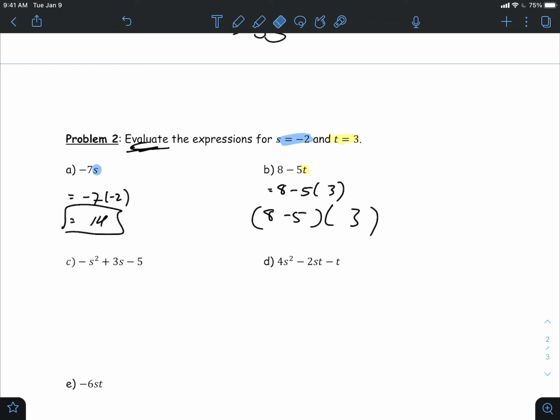No, you can't do that. That's silliness. Because BEDMAS tells you you've got to do the multiplication before the addition and subtraction. So that's no good. We're going to go 8 take away 15, because 5 times 3 is 15. Okay? What does 8 take away 15 give?